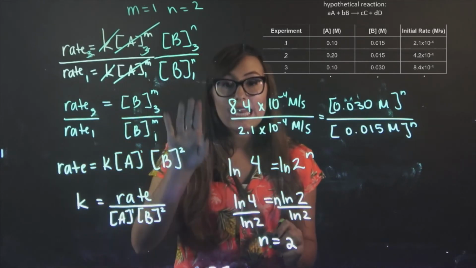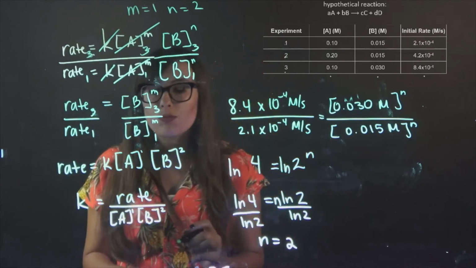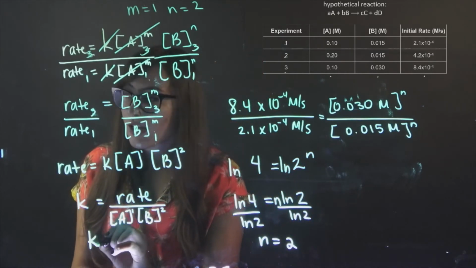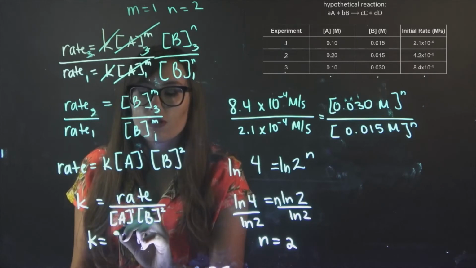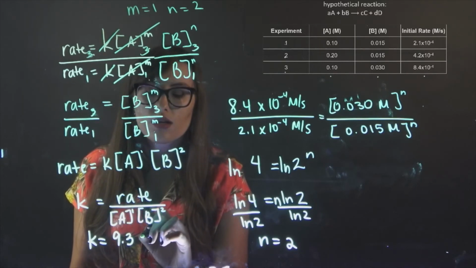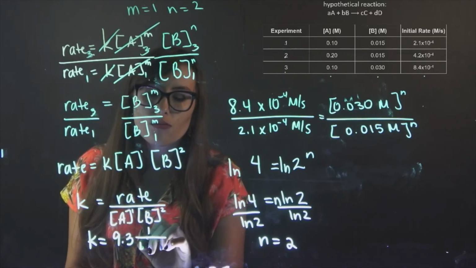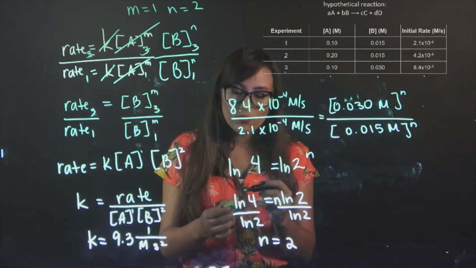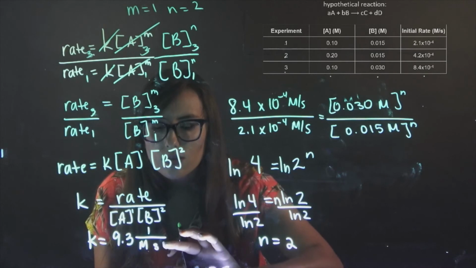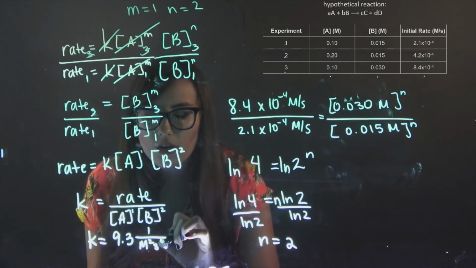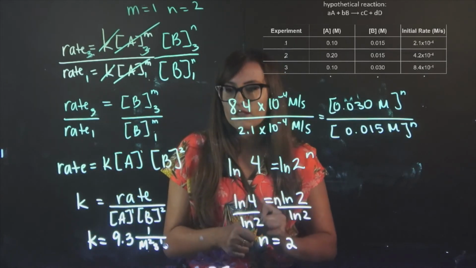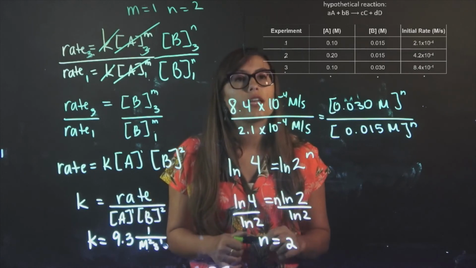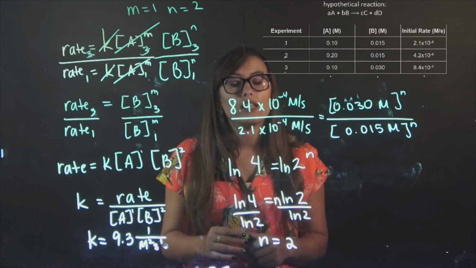We can plug any of the experiments into this expression, and once you do that, you get k is equal to 9.31 over molarity squared per second. You can use any of the experimental data to plug into this value.